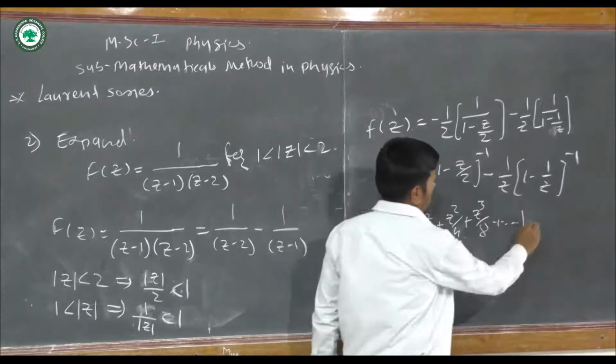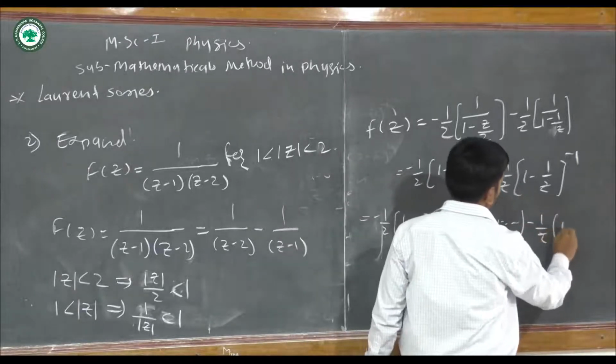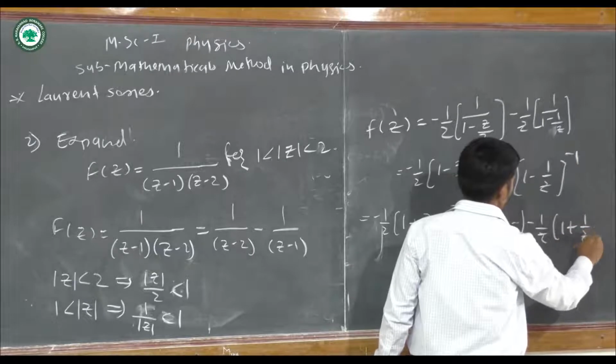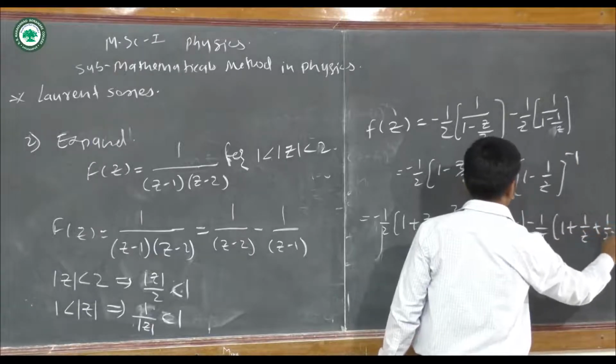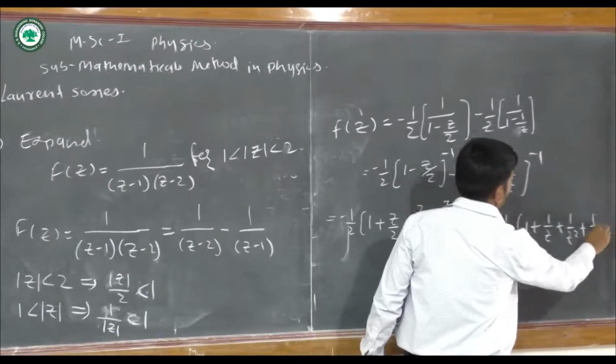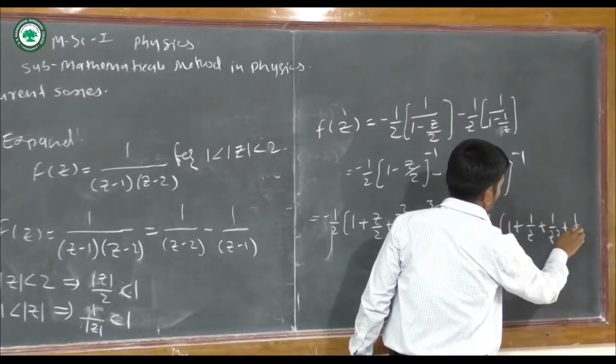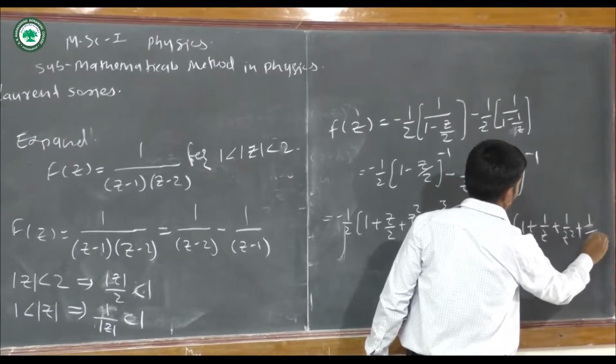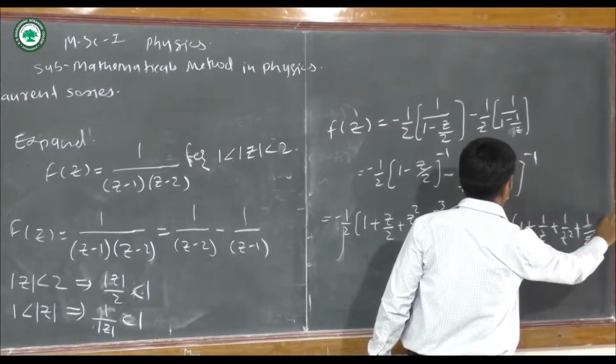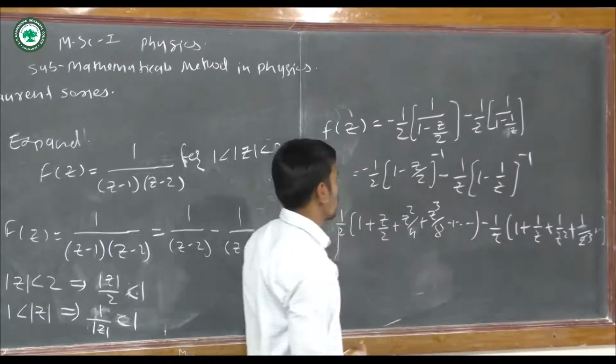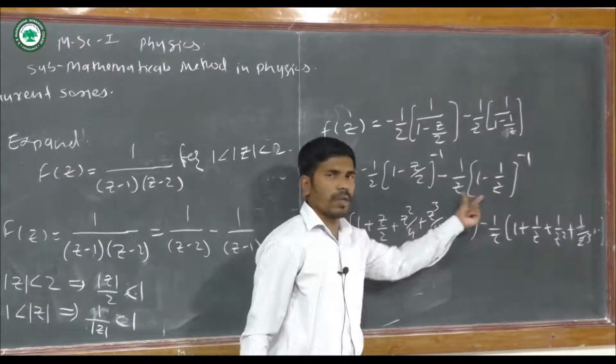And here minus 1 by z into 1 plus 1 by z plus 1 by z square plus 1 by z cube, and so on. Okay, so this is the expansion of these two brackets.